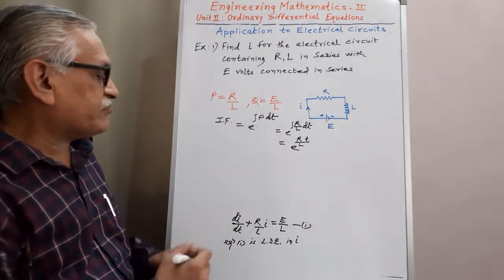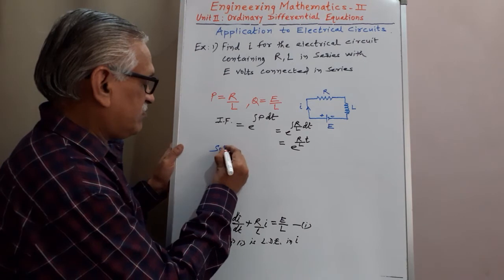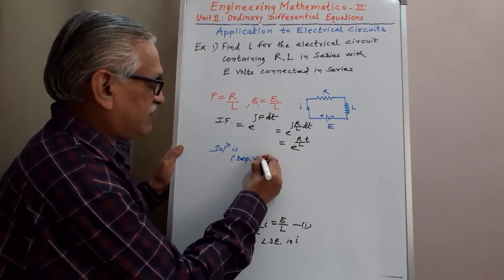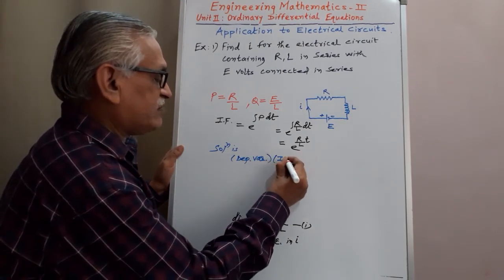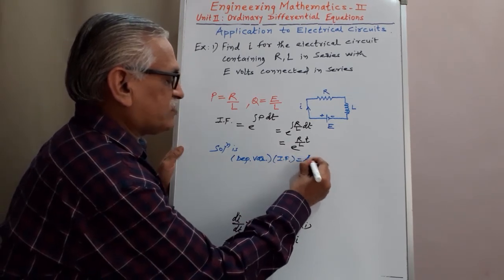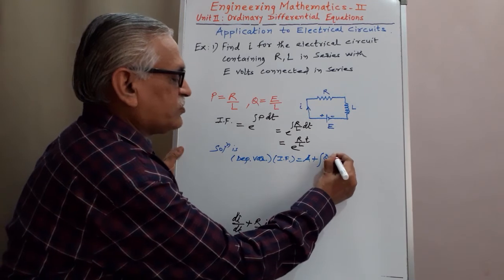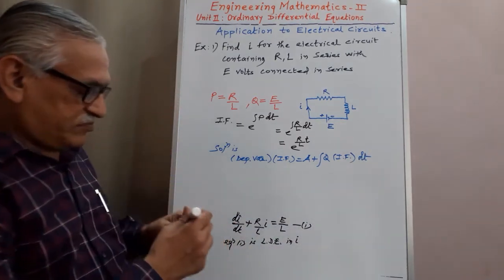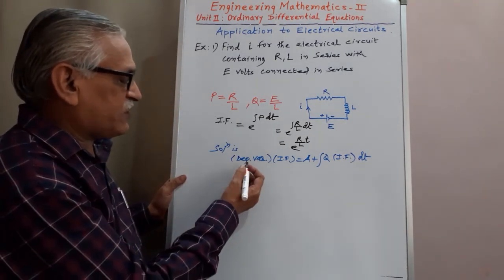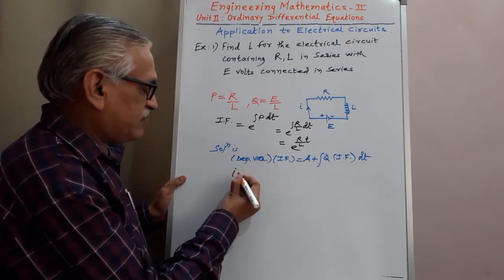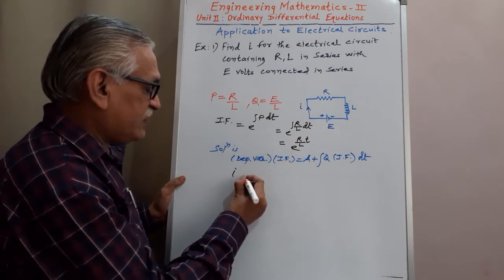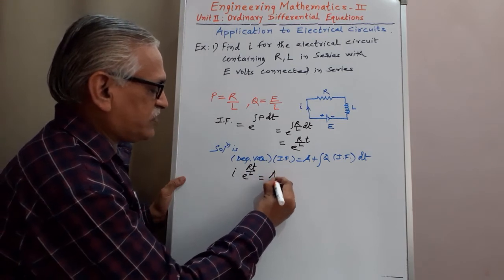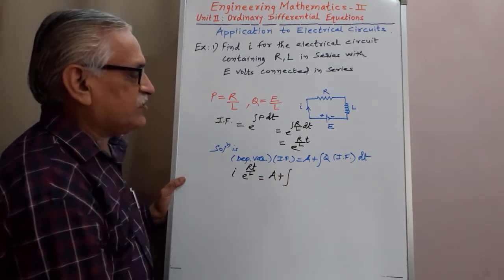Then the solution is given by dependent variable into integrating factor is equal to constant plus integration of Q into IF with respect to T. In equation 1, the dependent variable is I, so I into e raised to RT divided by L is equal to constant A plus integration of Q into IF.